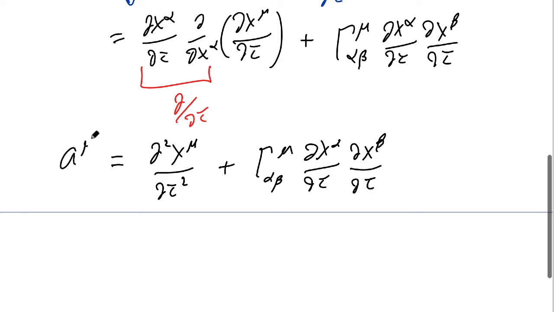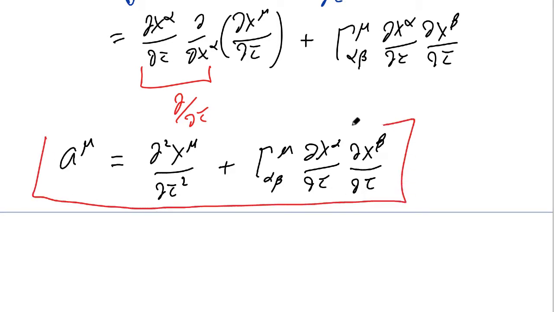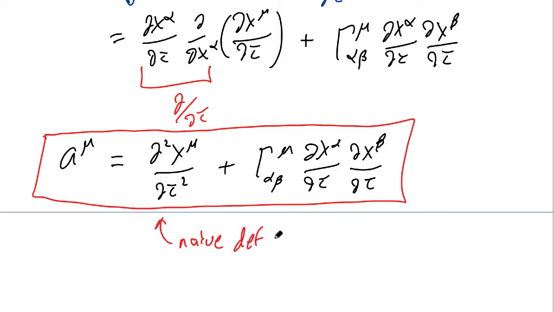These are the components of the acceleration vector. Now you might notice that this first term is what you might have guessed would be the acceleration vector, the second derivative of x with respect to time, in this relativistic context, proper time. So you might think of this as the naive definition of acceleration.